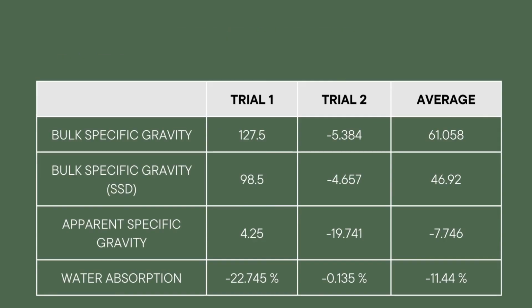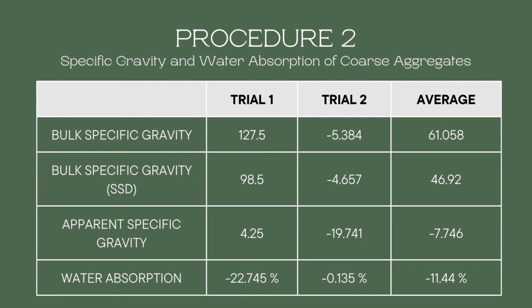Lastly, the specific gravities and the water absorption of coarse aggregates. Bulk density recorded 127.5 in the first trial and negative 5.384 in the second to arrive at its average value of 61.058.